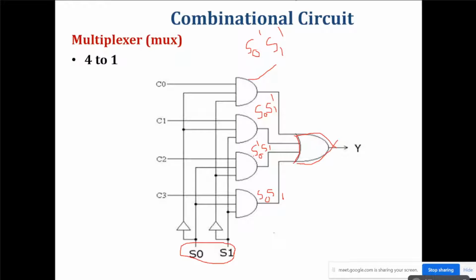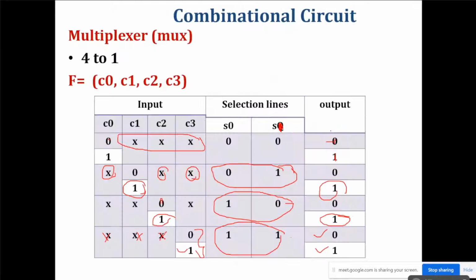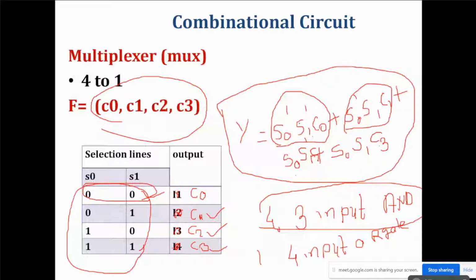Suppose the selection line combination is 0 0. Now we will see the output. Our output is S0 dash S1 dash C0 plus S0 dash S1 C1 plus S0 S1 dash C2 plus S0 S1 C3.